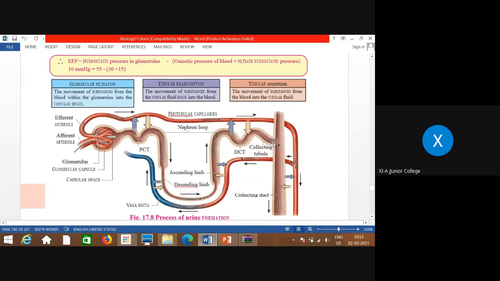Just now I told you before this that the urea which is reabsorbed into the blood vessels, if the concentration of urea in the tubular region increases, then by simple diffusion, that is from higher concentration to the lower concentration, it gets diffused into the blood vessels.